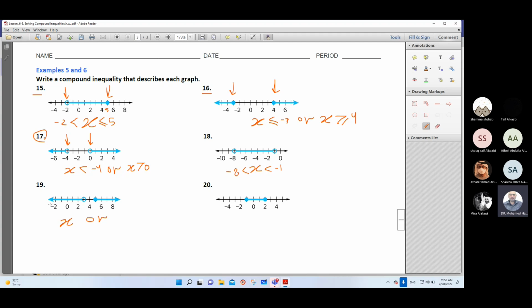Here the direction to the negative side means x less than 3, or x greater than 5.